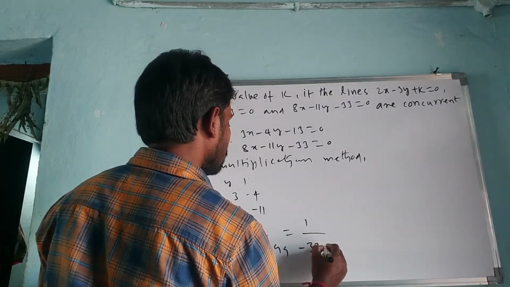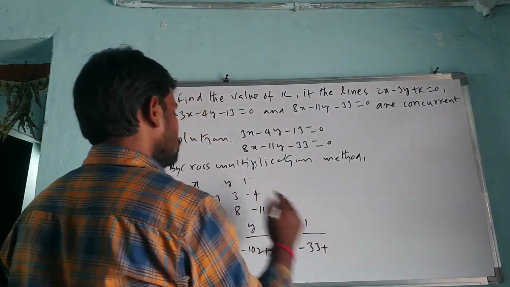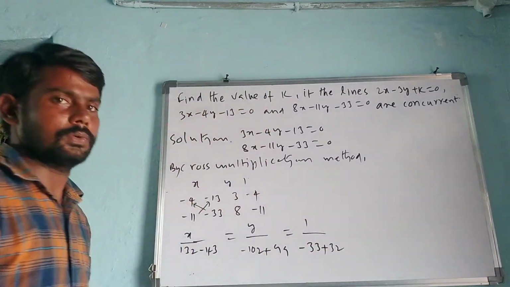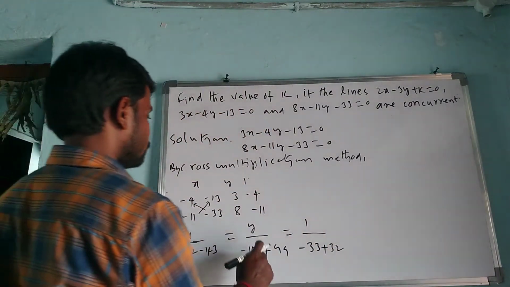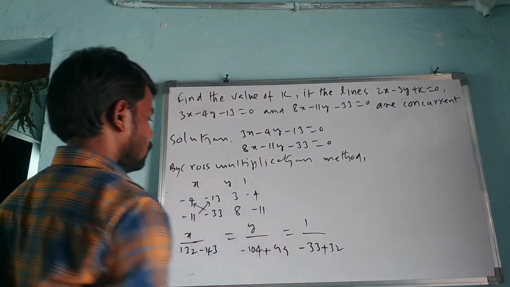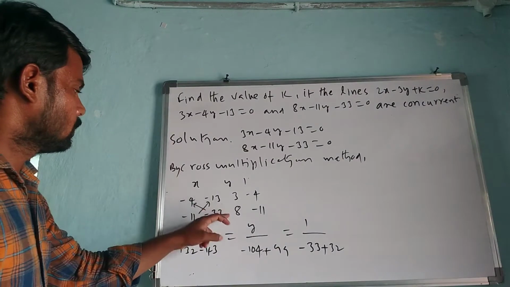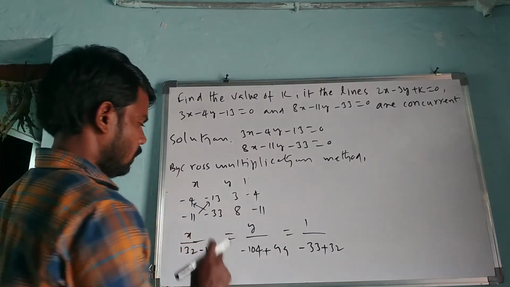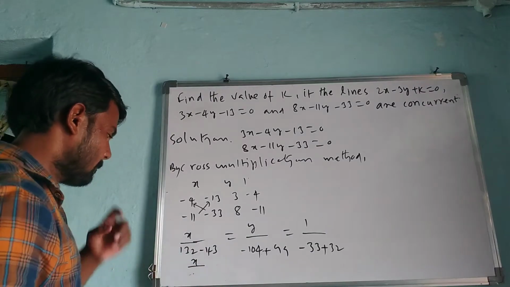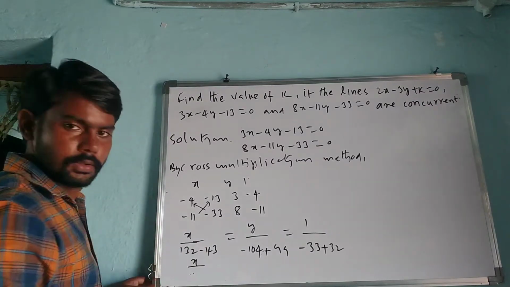In the middle we have minus into minus, plus. 8 fours are 32. Here, 13 eights are 104. Now this gives x by 132 minus 143. What do we get here?